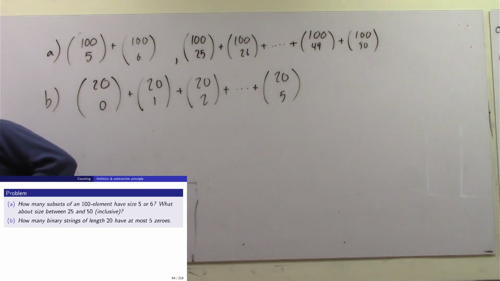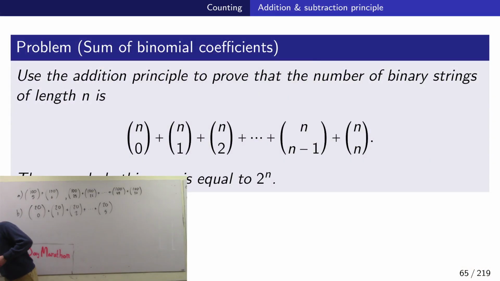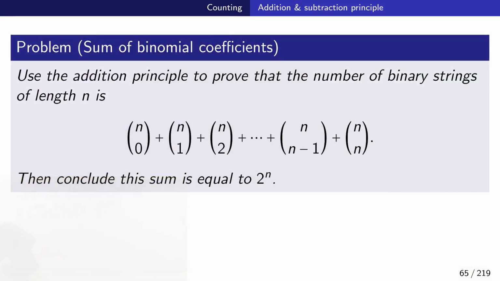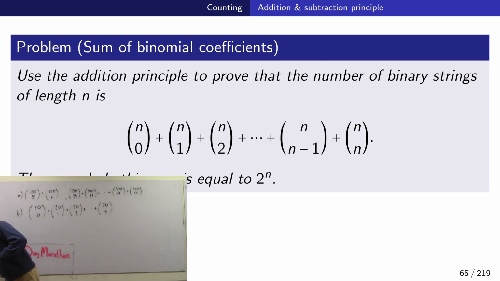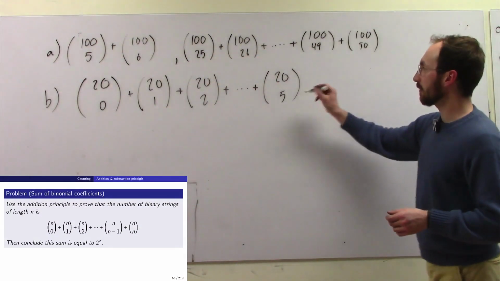Right on. Now, what else? Yes, and now we have this one way to look at it. With the binary string example, if we wanted to count all of the binary strings by how many zeros they have, we could have continued this process of 20 choose 0 plus 20 choose 1 plus 20 choose 2.